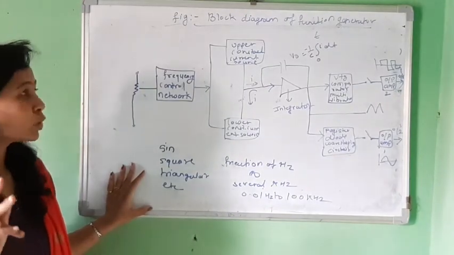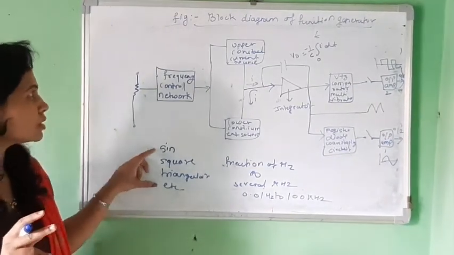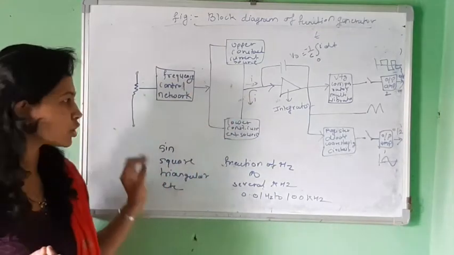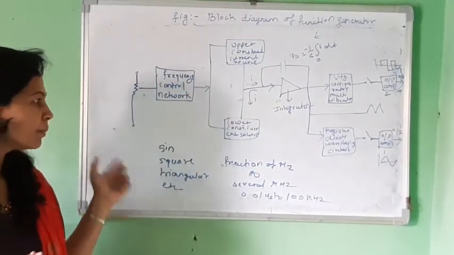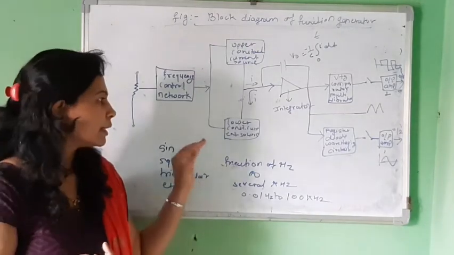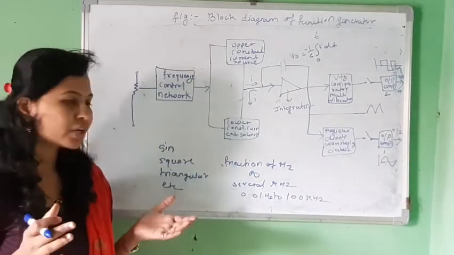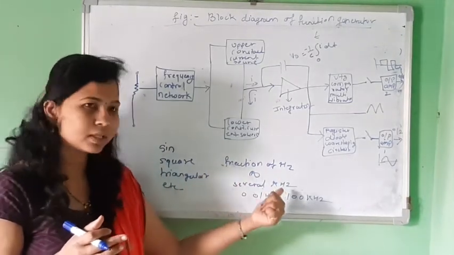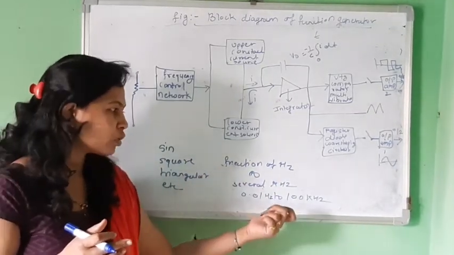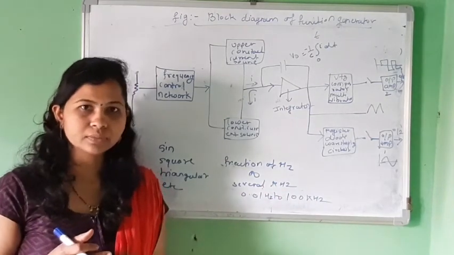Two main points are there. The first one is that the function generator is used to generate different types of waveforms such as sine, square, triangular, etc. And the next point is that there is a wide range of these waveforms, from a fraction of hertz to several kilohertz, that is 0.01 hertz to 100 kilohertz.